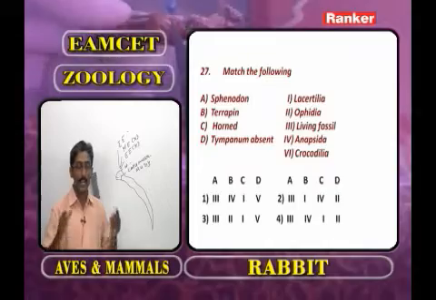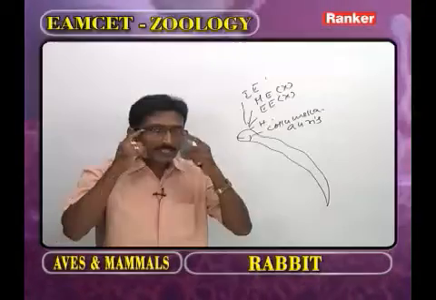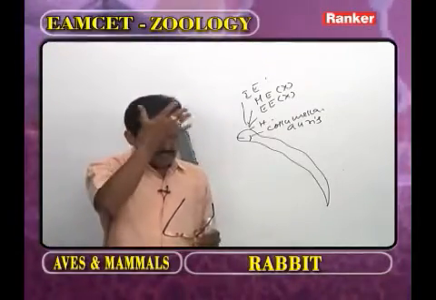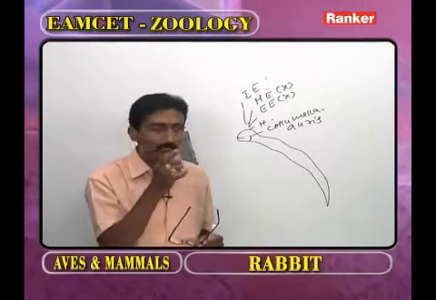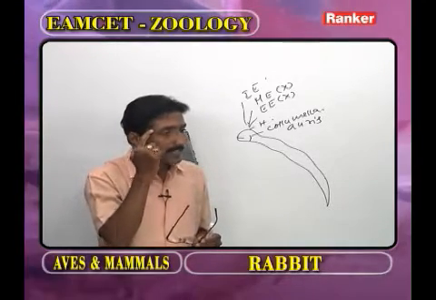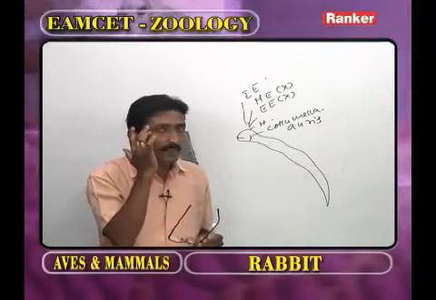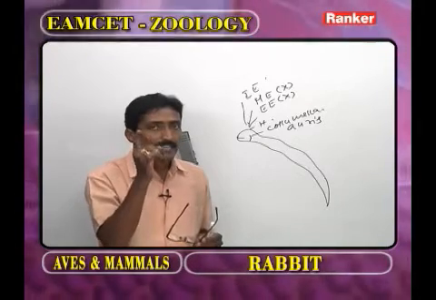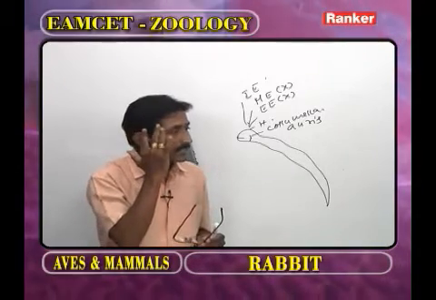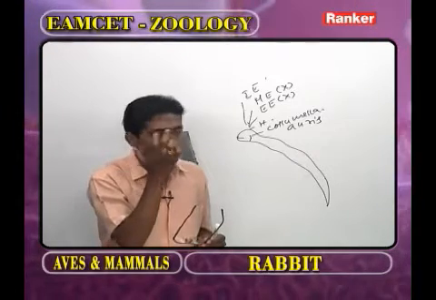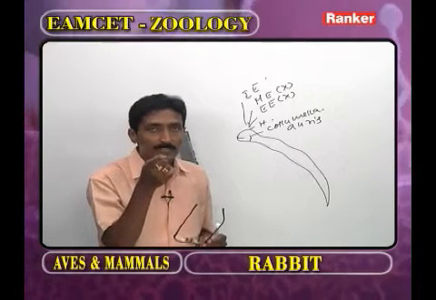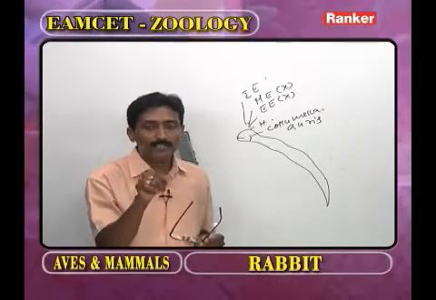What is meant by Anapsida? In the last class we discussed. Now this entire part is the skull. This is the temporal region. In the temporal region, if openings are absent, that we call an Anapsid skull. In some reptiles, in the temporal region there are no openings. Such a type of skull we call an Anapsid skull.